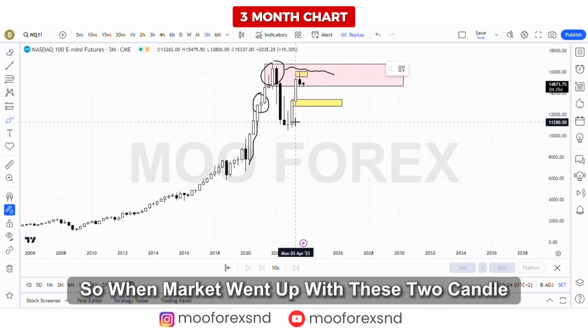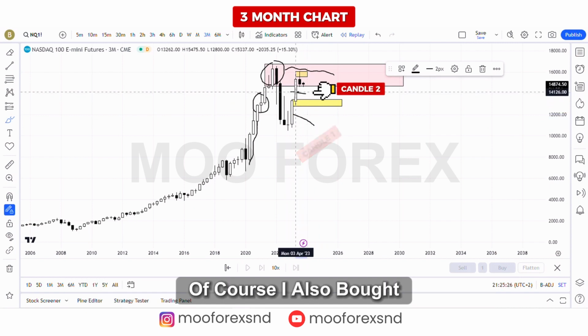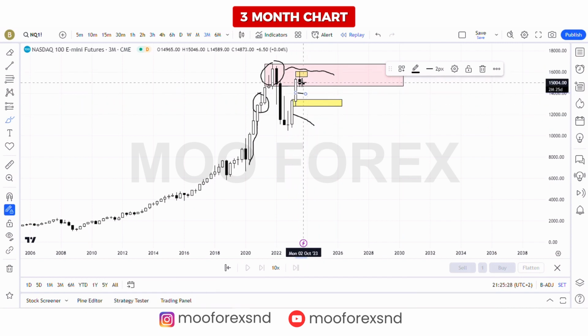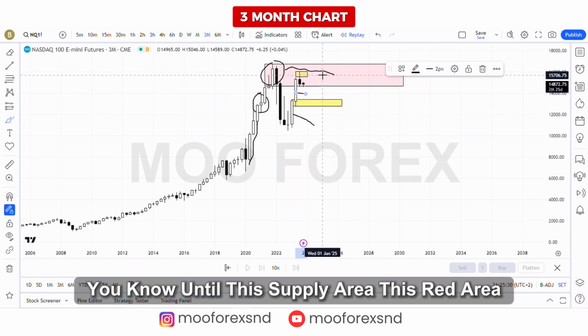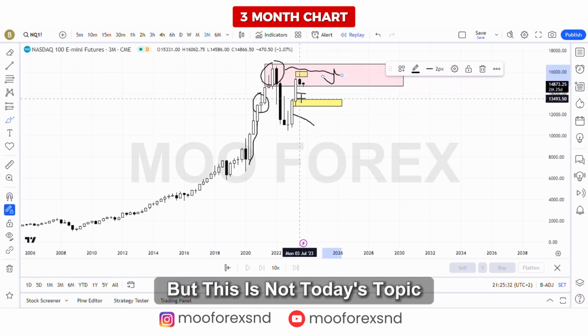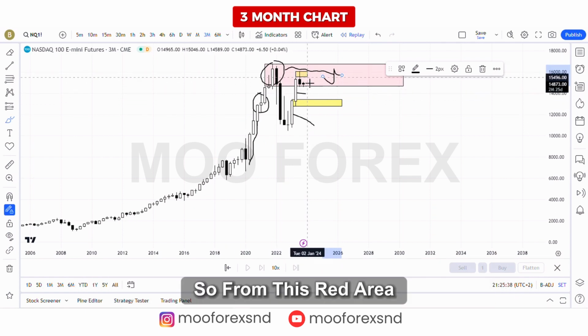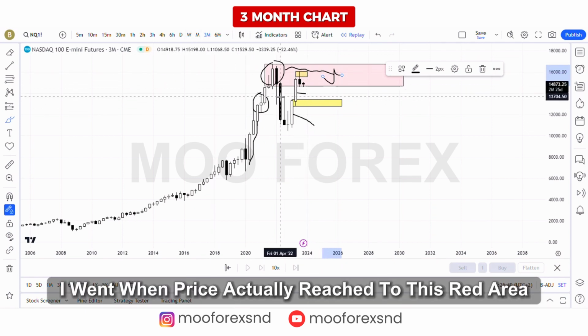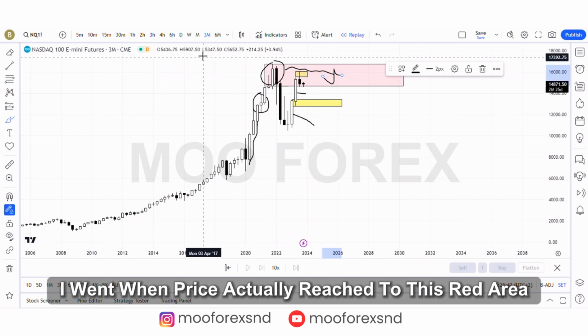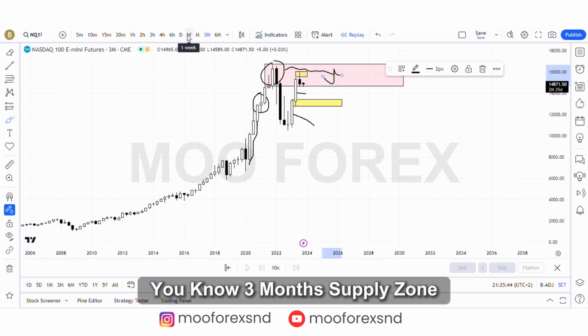So when the market went up with these two candles, of course I also bought, until the supply area, this red area. But this is not today's topic. Today's topic is how I sold recently.